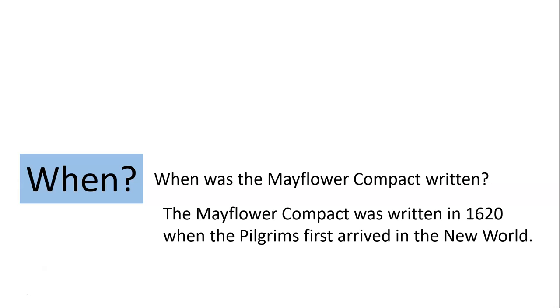The Mayflower Compact was written in 1620 when the Pilgrims first arrived in the New World. In fact, they wrote the Mayflower Compact before they even got off of the boat. Before they came ashore on land, they agreed to make the Mayflower Compact. They agreed to make a government.